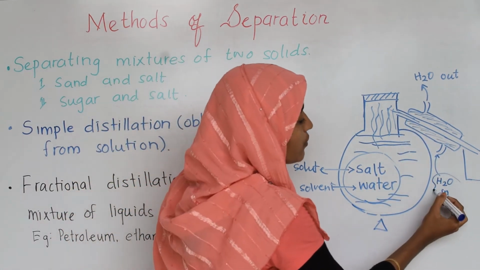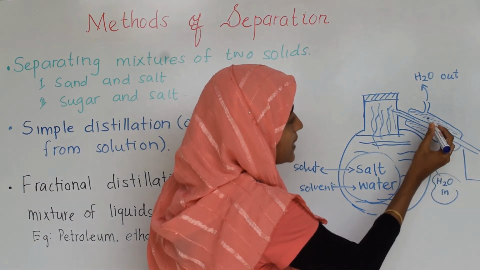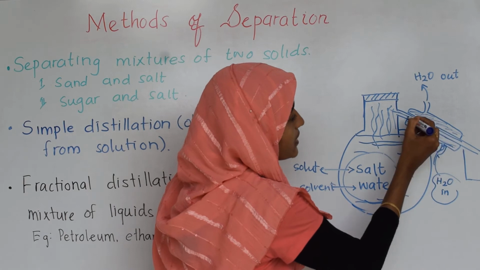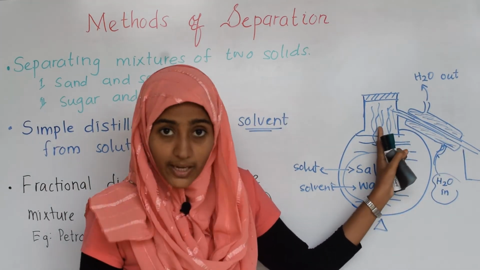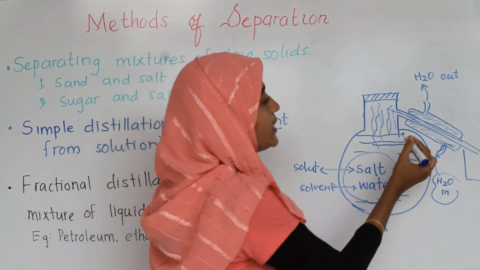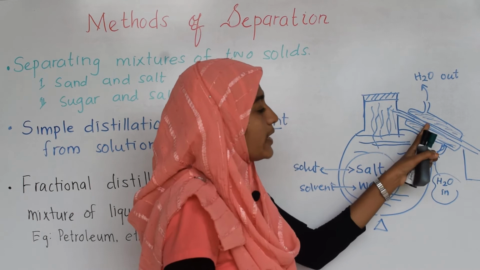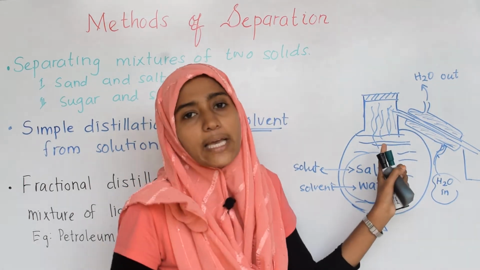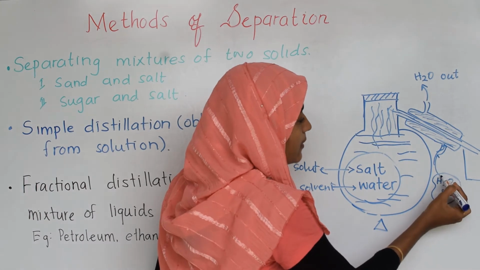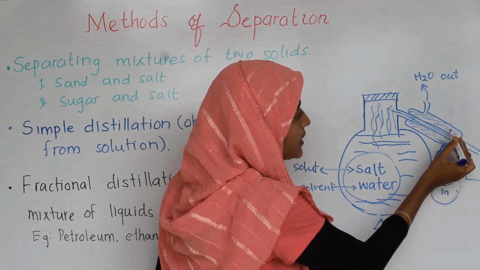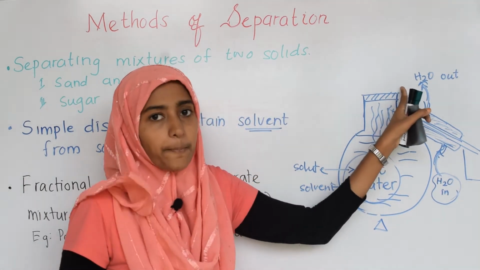Water goes into the condenser, so it circulates, therefore it gives a cool surface here which facilitates the condensation of this water vapor. Once it helps the water vapor to condense, this water gets heated, therefore you have to continuously send water through this and get the heated water out from here.